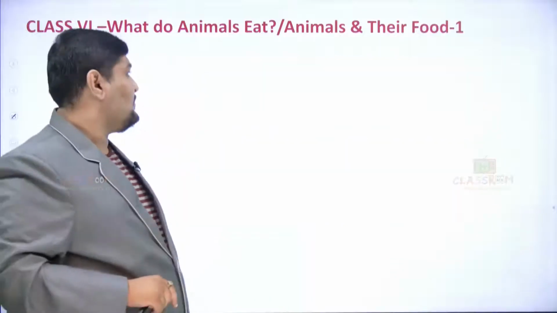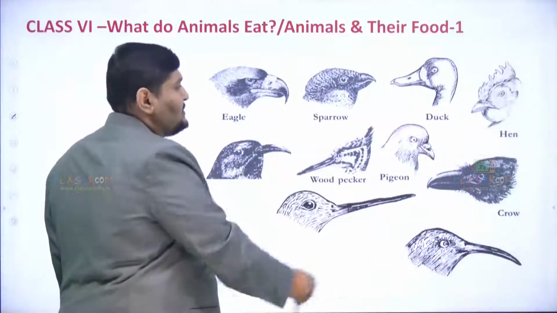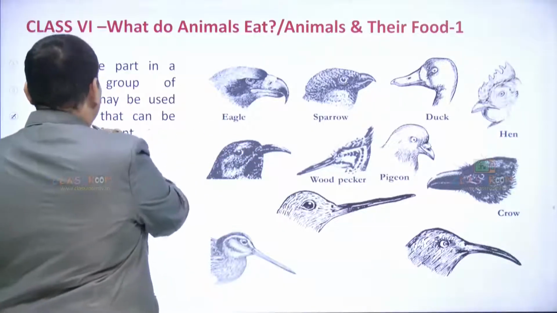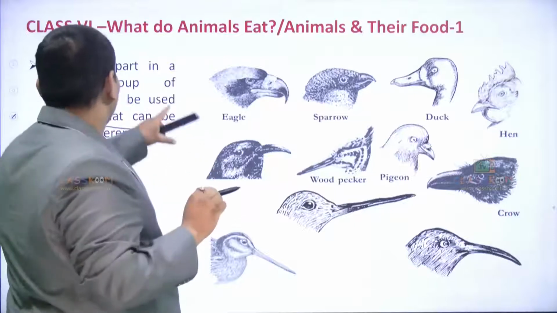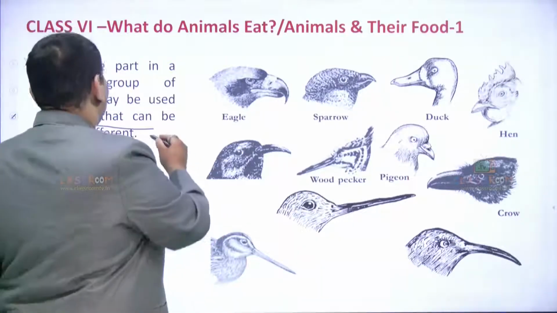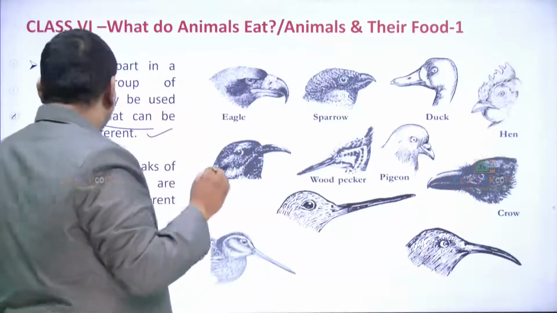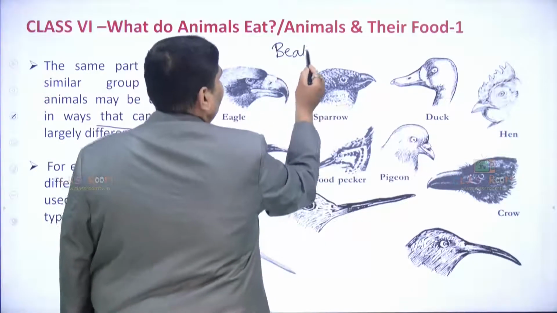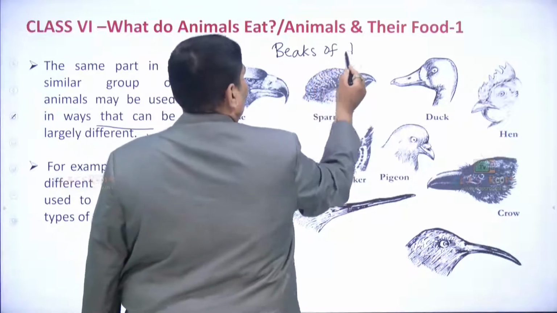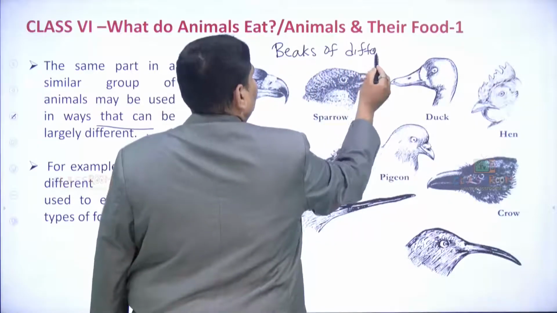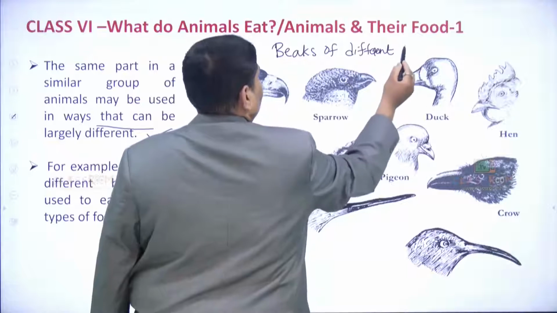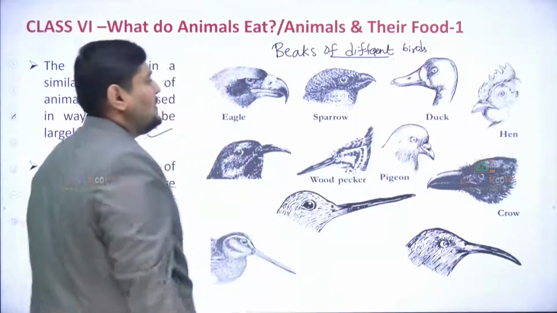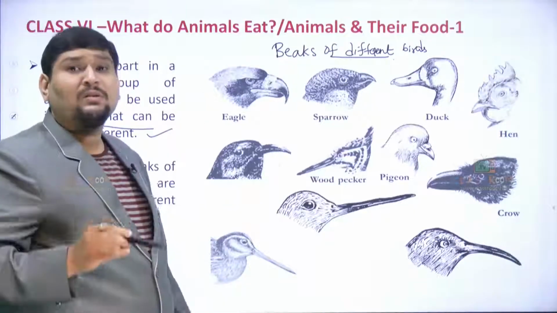The next comes the different groups. The same part in a similar group of animals may be used in ways that can be largely different. So you can see the beaks of different birds, which are shown here.